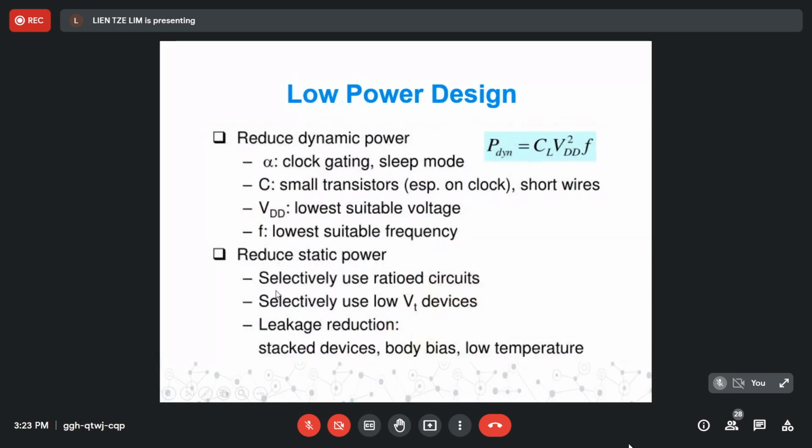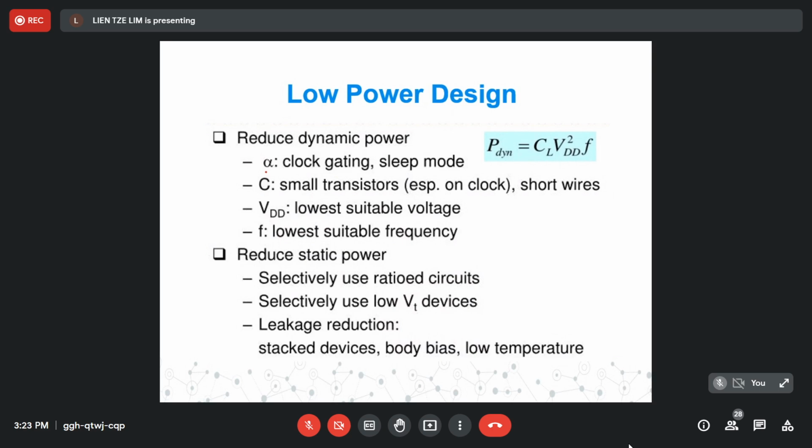Some of the techniques that we can consider to reduce power dissipation when designing a low power device or low power circuit. To reduce the dynamic power dissipation, you see here there are four techniques. The first is clock gating, controlling the activity factor. The activity factor indicates the activity of the device.